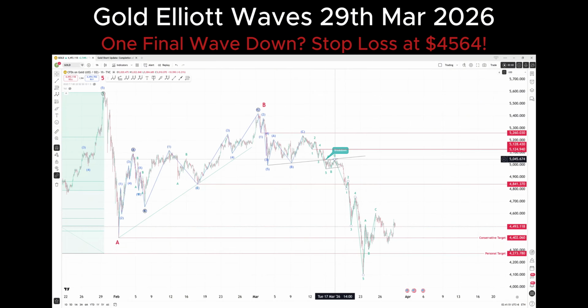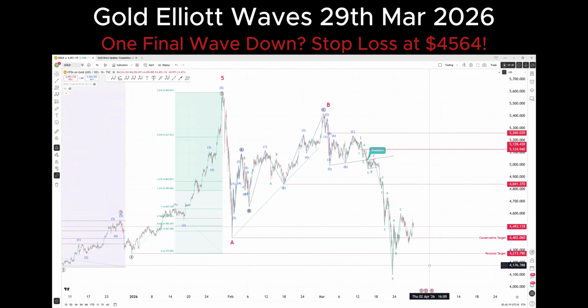So this entire move down, since 17 March until 23rd March, is actually one single wave three. And from this bottom until this peak on the 25th of March, 4,606, this becomes ABC. So this is slightly a wave four.